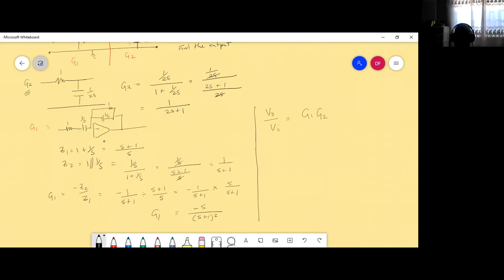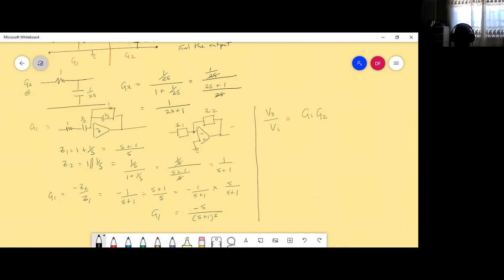Remember now, this thing here is an inverting amplifier.